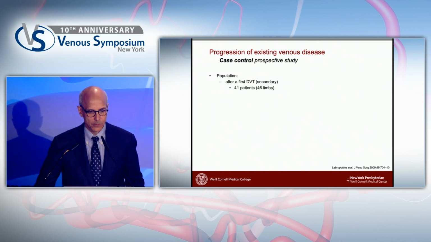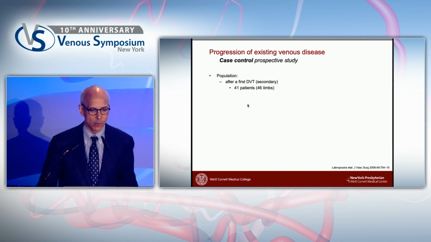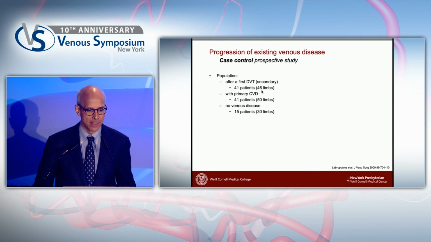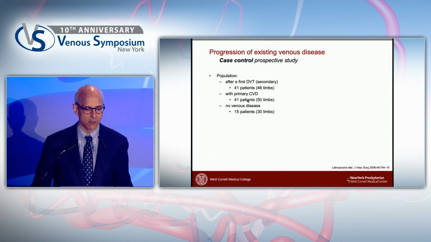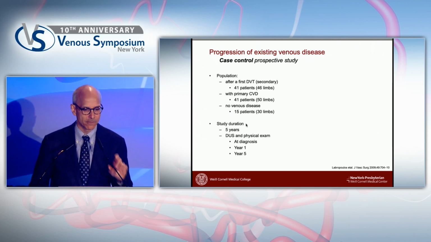And there was also a case control study where he took a group of patients who had first DVT, 41 patients and 46 limbs, and compared them with matched patients who had primary CVD and then had no prior venous disease. He followed those patients over 5 years with duplex ultrasound and physical exam, and he saw them 3 times over that interval.